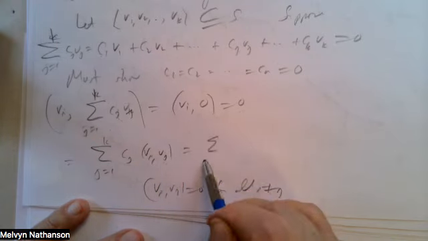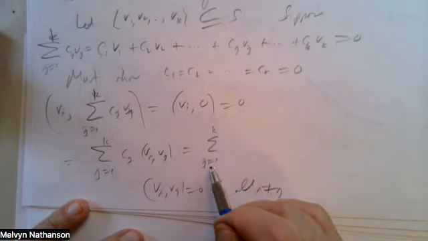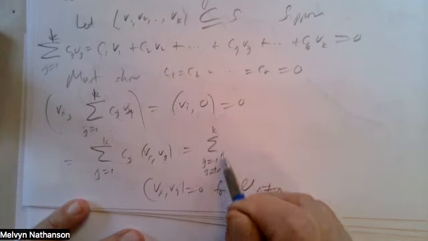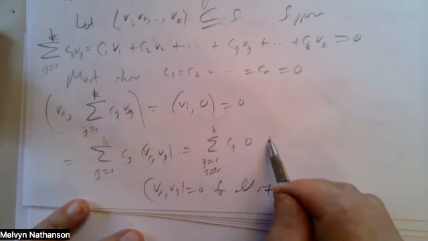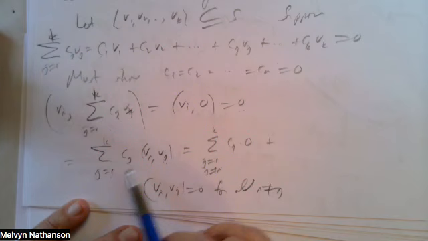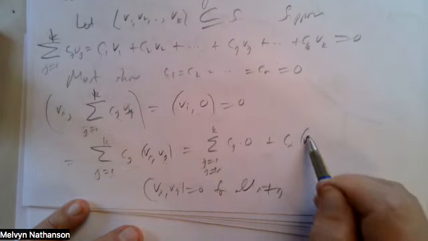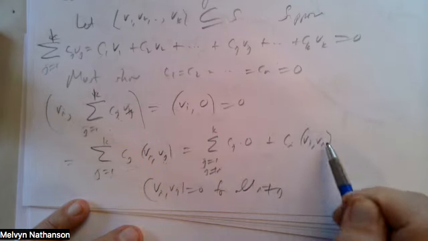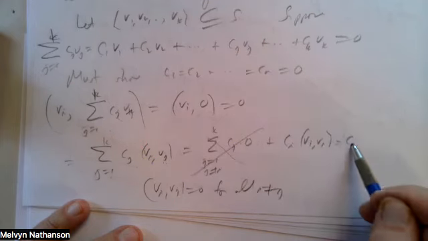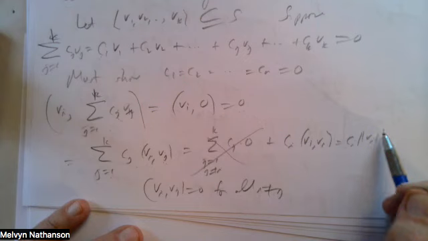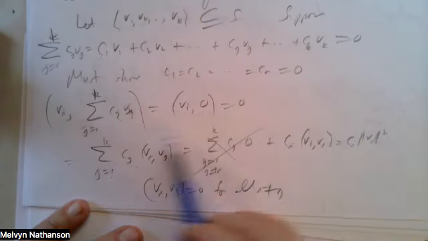So this is the summation for all j going from 1 up to k, with j different from i, of cj times 0, plus I get the term when j is equal to i, ci times the inner product of vi with vi. So the first part is just 0, and this is ci times the length of vi squared.